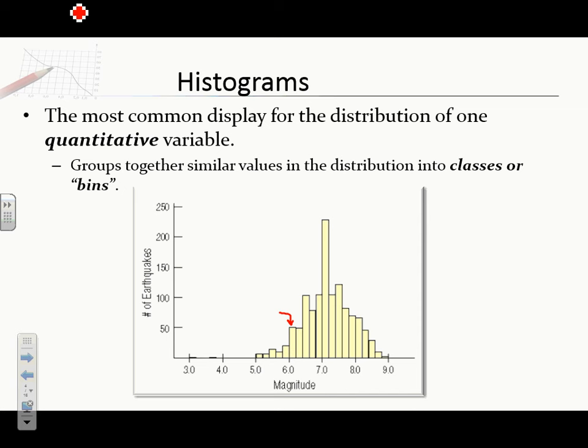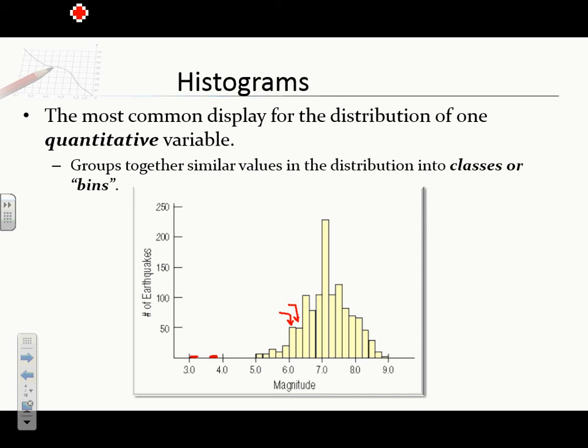So they're splitting them into 0.2 on the magnitude. So then the next bar tells us how many earthquakes registered between a 6.2 and a 6.4, and so on. Notice over here we have a couple earthquakes that had very minor magnitudes.